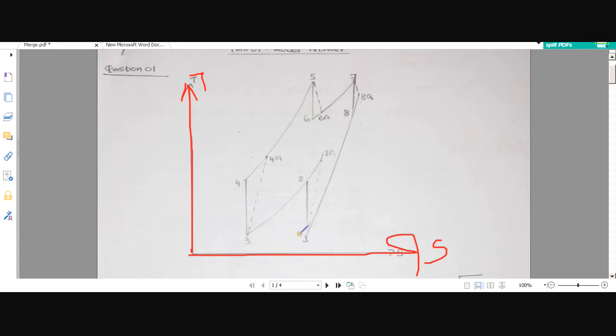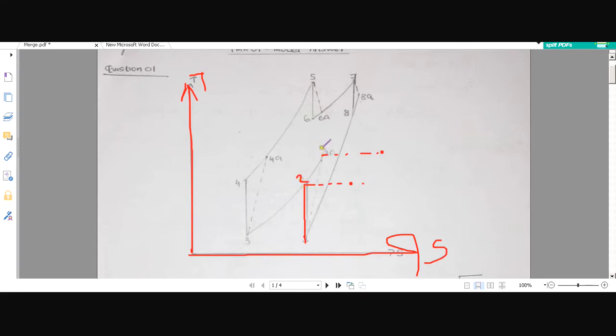Okay, so this point 1 to point 2 is the representation of the first compression process, the first compressor, right? But because of the efficiency, the actual work that we have to supply is a little bit higher. You can see the level of point 2a is a little bit higher than the ideal point, because point 2 is the ideal point.